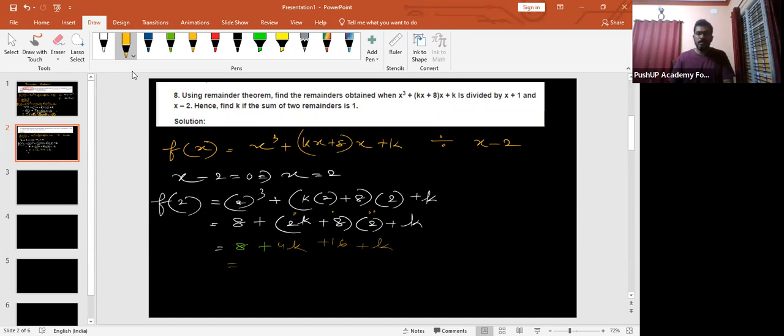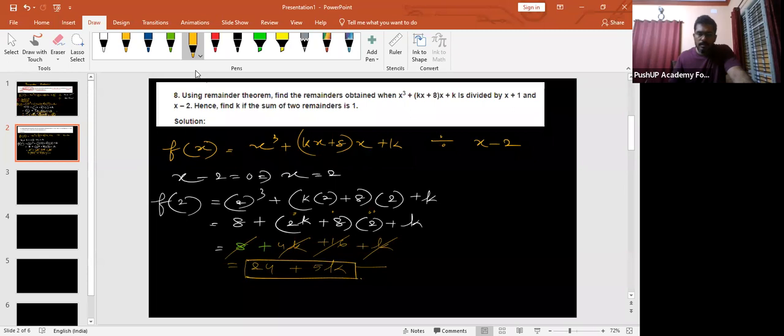Now this is equal to 8 plus 16 is what? 24 plus 4k plus k is what? 5k. So you got the second remainder also. I label it as R2.